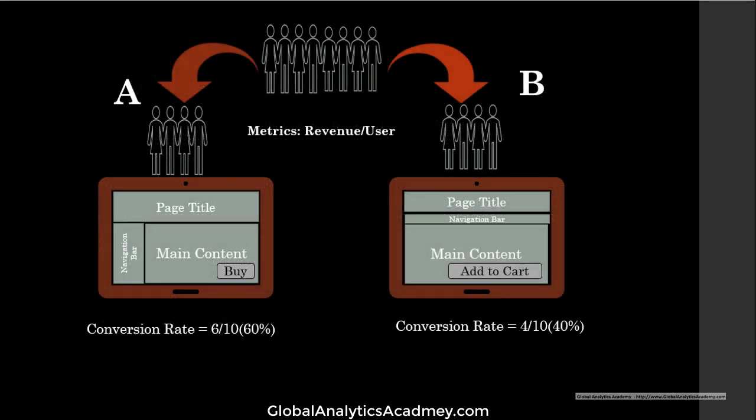Here is an example of testing on a landing page. All your website users are divided into two random buckets called A and B, and they are shown two different landing pages. Then the metric of interest, conversion rate in this example, is captured, and the metrics are compared to see which version drove the most conversions.